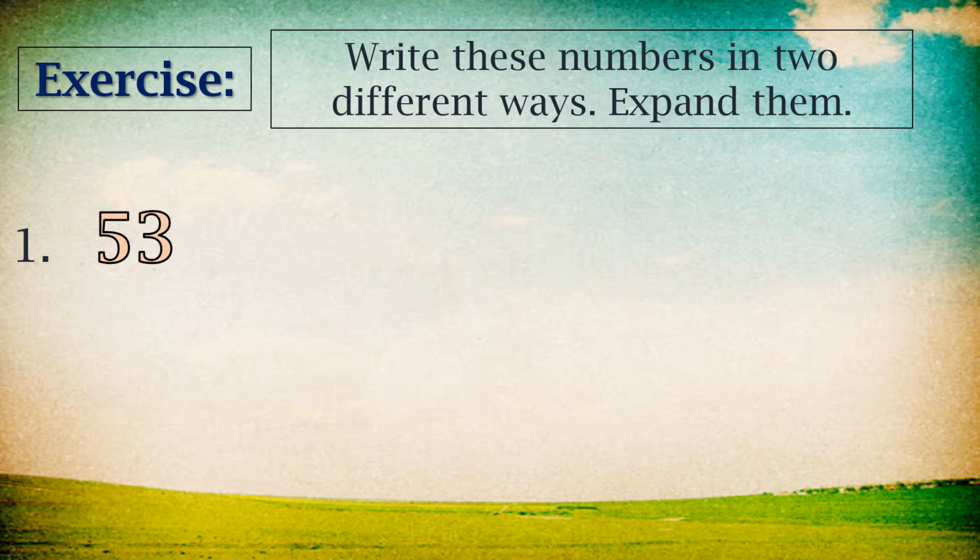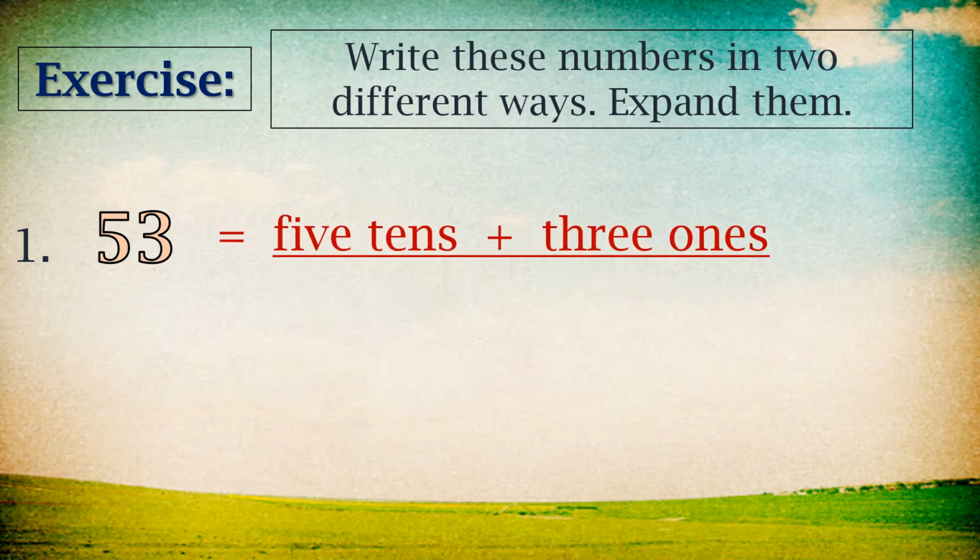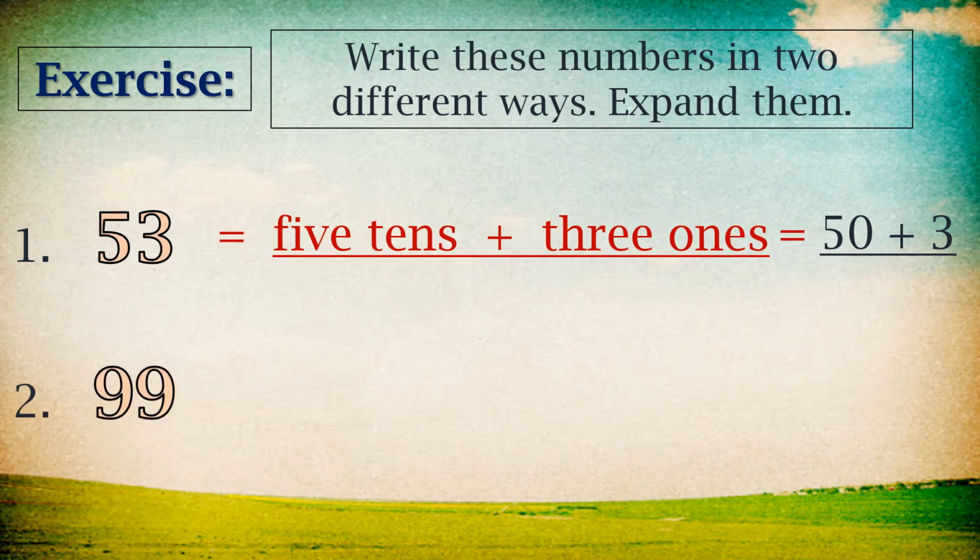This is number 53. In number 53, there's 5 tens plus 3 ones. 5 tens is equal to 50, and 3 ones is equal to 3. 50 plus 3. 53. Okay, number 2, 99.